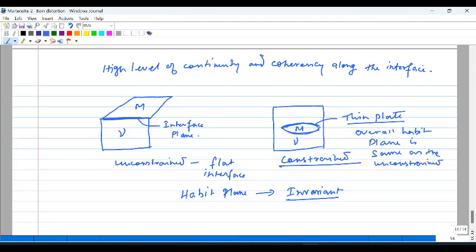So the condition for the Martensite transformation is that at least one line along this interface should remain unrotated and unchanged.